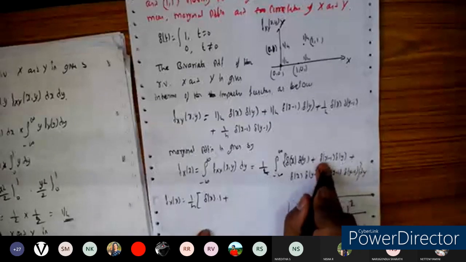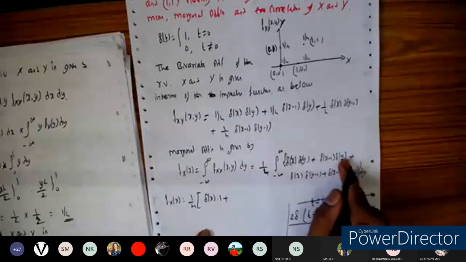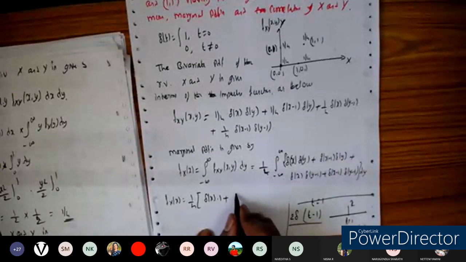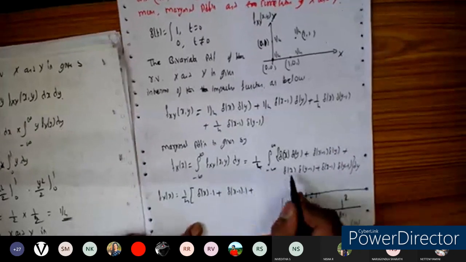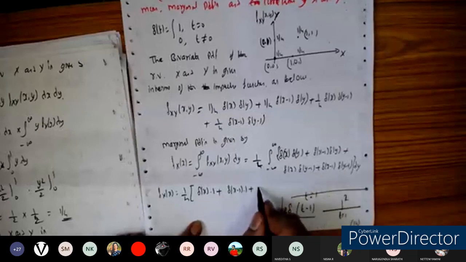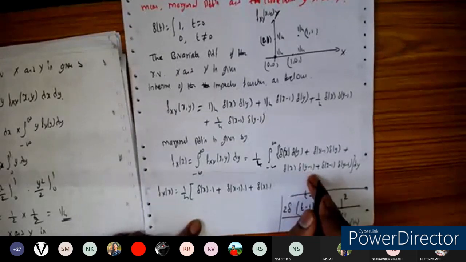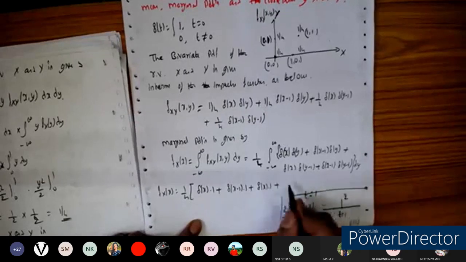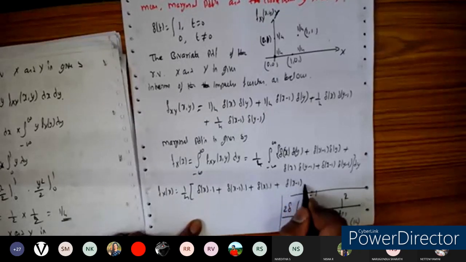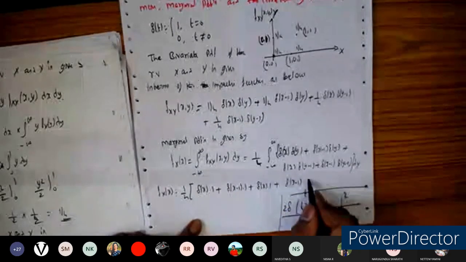Next, the integration of delta of x minus 1, it's a constant here. The integration of delta of y is nothing but 1. So delta of x minus 1 into 1, plus the integration of delta of y minus 1, which is 1 at y equal to 1. Similarly delta of x minus 1 with the integration of delta of y minus 1, which is 1.